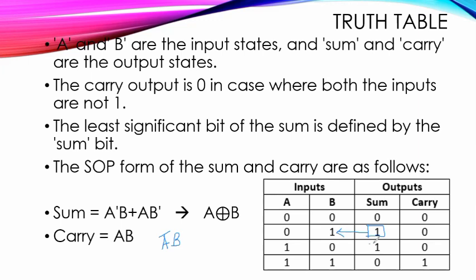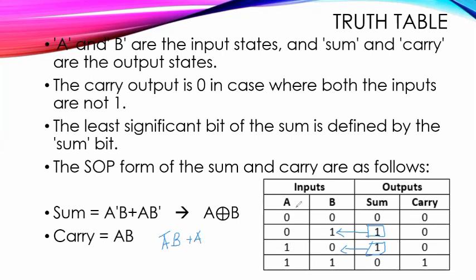Now let's see the second input which we got as 1, where the inputs are 1 and 0. So 1 belongs to A, and A is not inverted because it is 1.